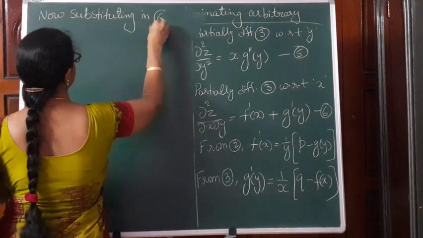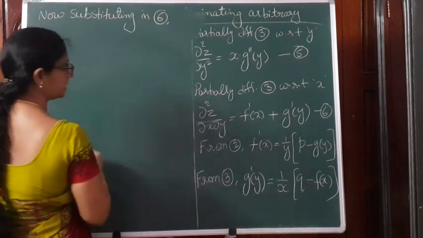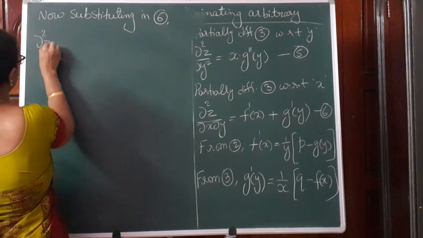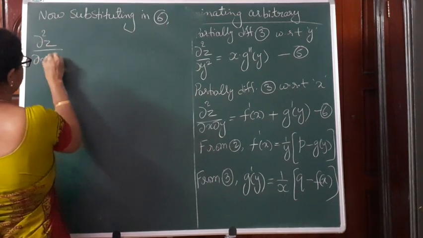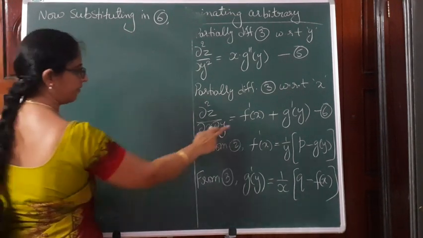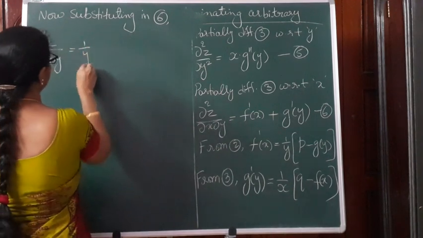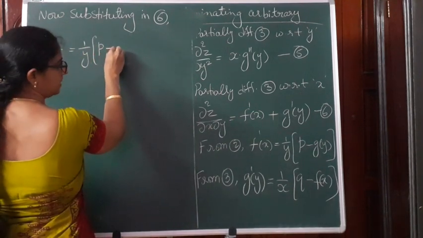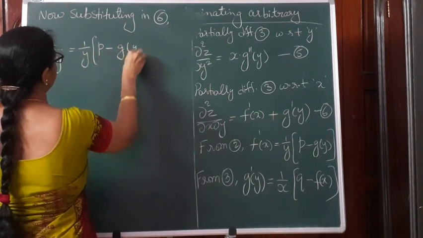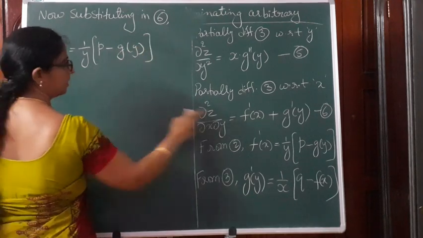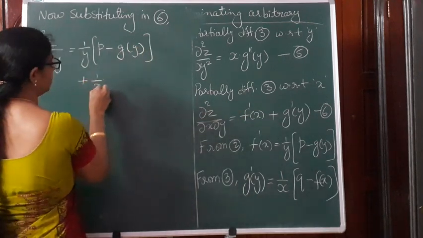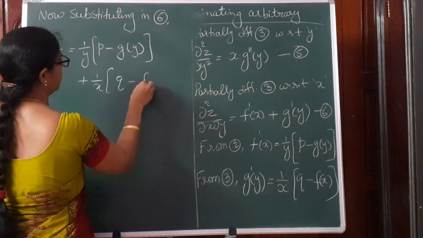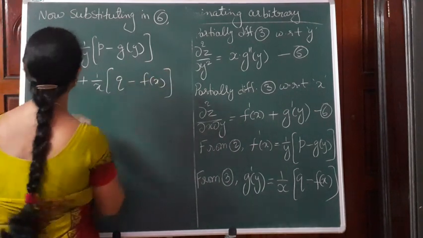In equation 6, we get dou square z by dou x dou y is equal to f dash of x, which is 1 by y times (p minus g of y), plus g dash of y, which means 1 by x times (q minus f of x).